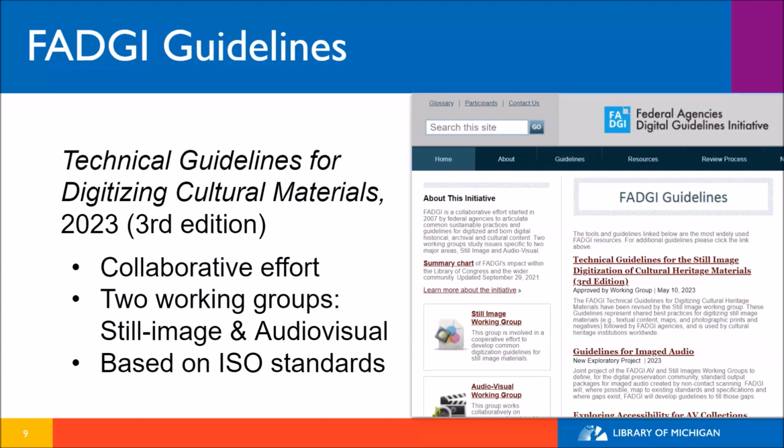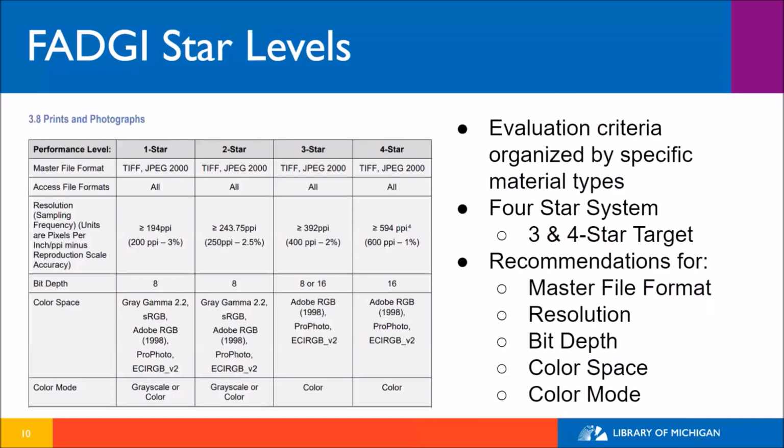Now, unless you're depositing content with a federal agency or working with a vendor, these guidelines will likely be more informative than prescriptive. I do highly recommend reviewing these guidelines if you're planning on digitizing still image material. It is also good to have because it has very useful charts that serve as a great quick reference guide.